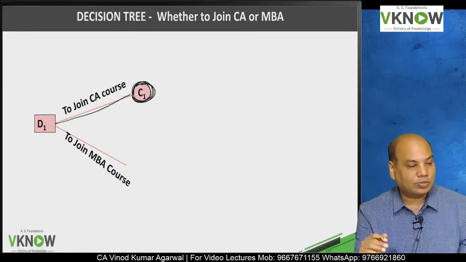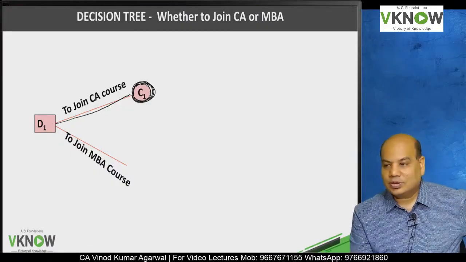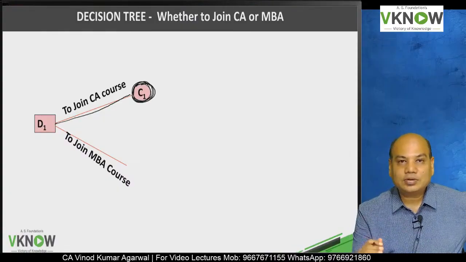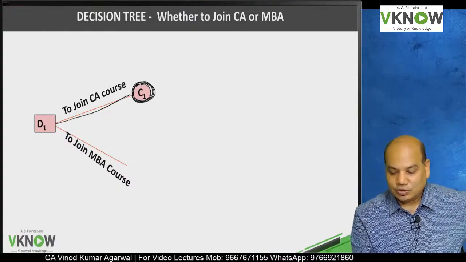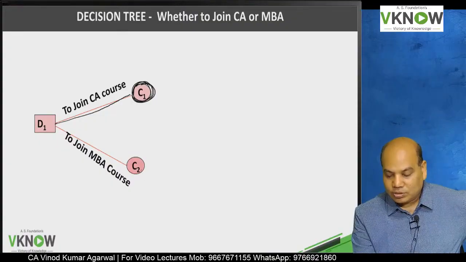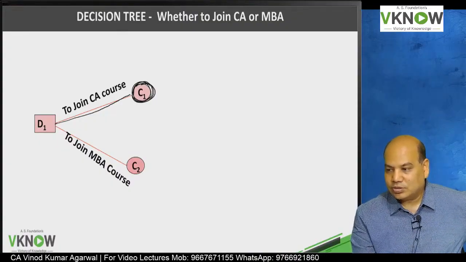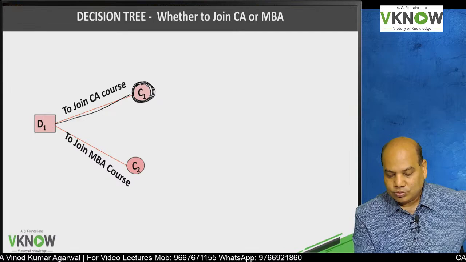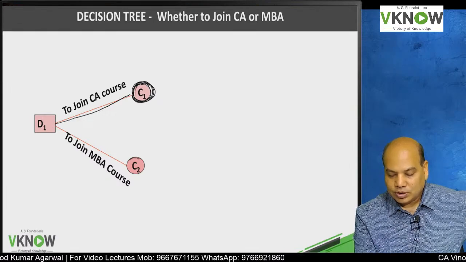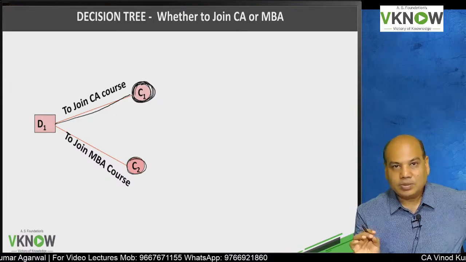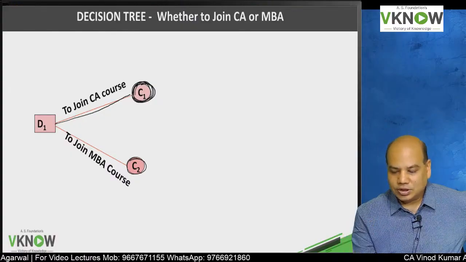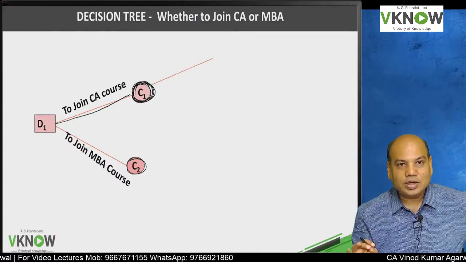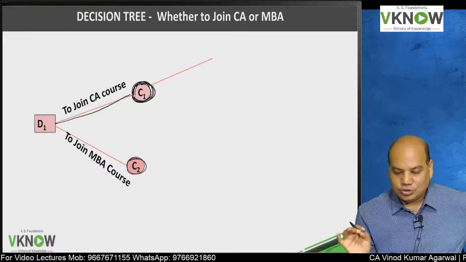We can also call them consequences. If you take any decision, you have to face the consequences also. If you do MBA course, there will be consequences, so we'll give them C2. Outcomes or consequences will be numbered as C1, C2, C3, C4. Decision making boxes will be numbered as D1, D2, D3.